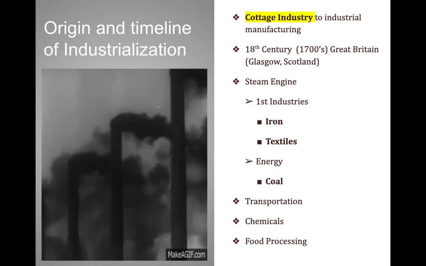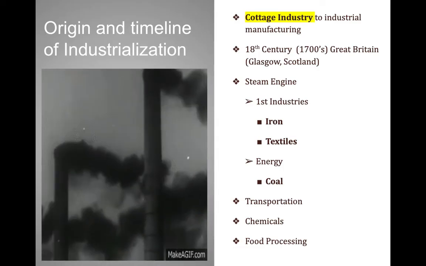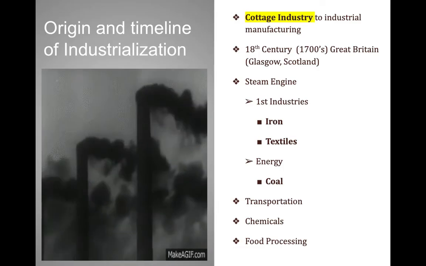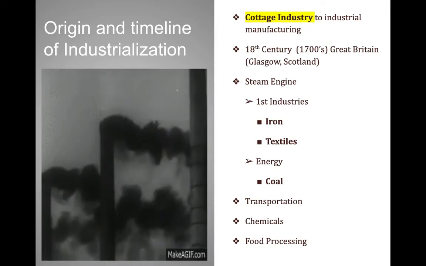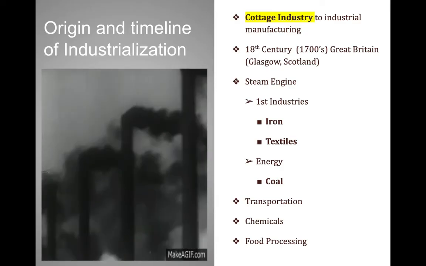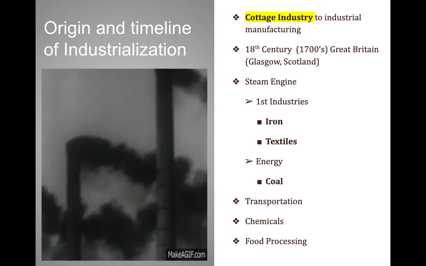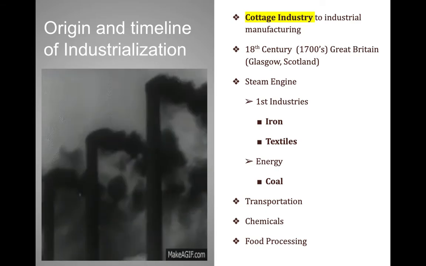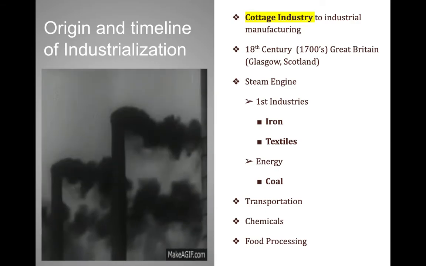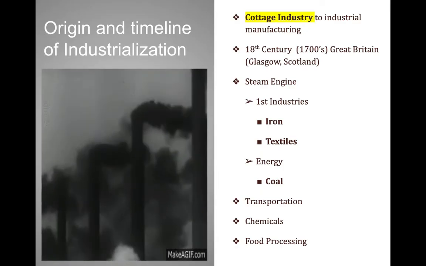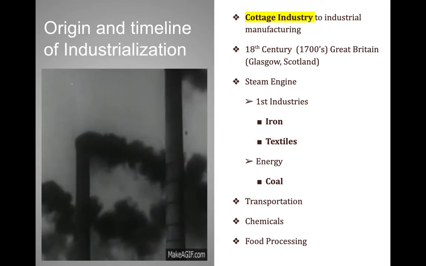Textiles were like the spinning frames in factories near sources of rapidly flowing power. So they had constant power, usually from water sources, rivers, and they were able to use these large machines that many households were not able to keep in their house to manufacture high numbers of outputs of textiles, clothing, shoes, rugs, linens, etc.